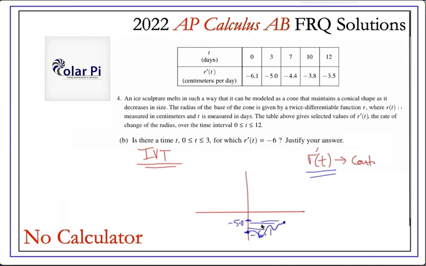The y values here are the R prime values. And so as they go from negative 6.1 to negative 5 in function R prime that is continuous, we know that it had to equal negative 6 somewhere. Okay, cool. Let's keep moving.